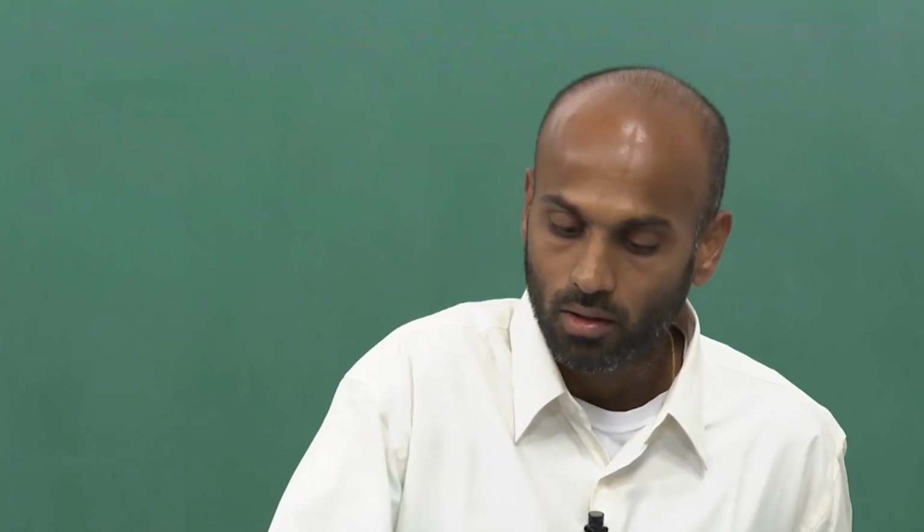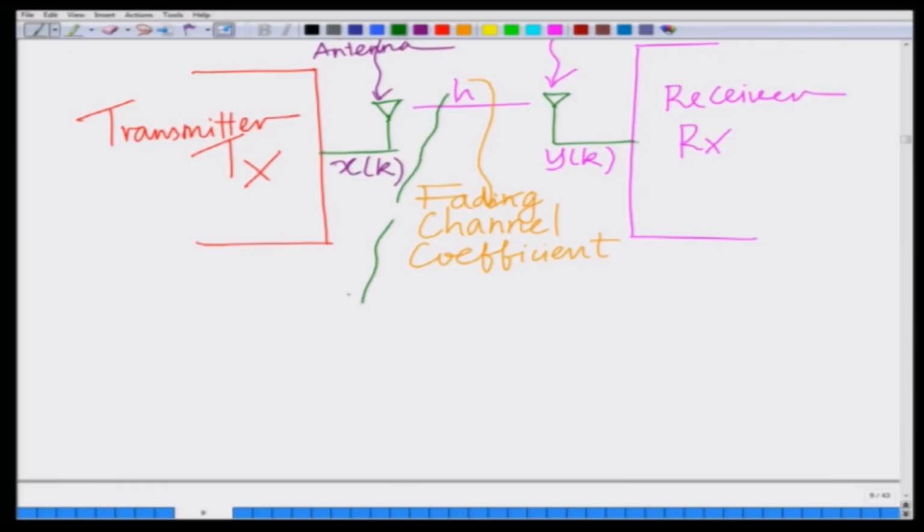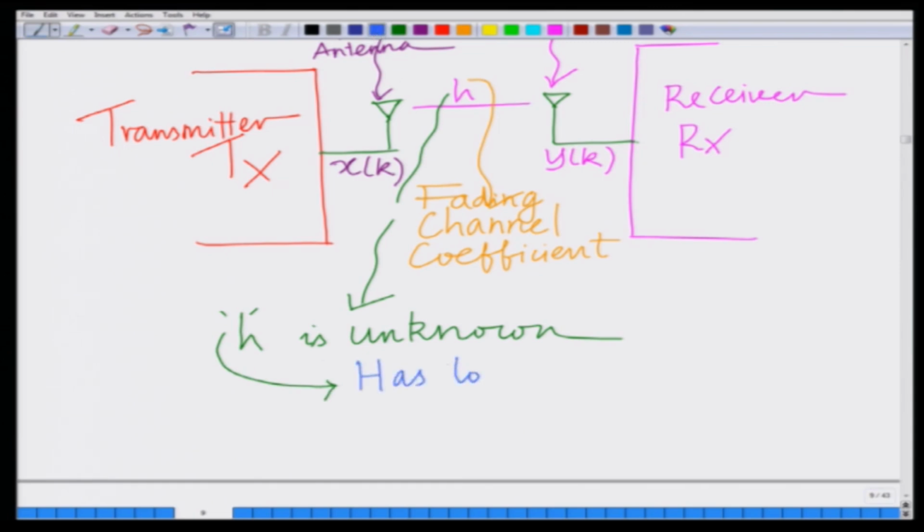So, at the beginning of the communication epoch, the channel coefficient h is unknown. Therefore, h has to be estimated, which is our central focus in this course on estimation. This is an important process in a wireless communication system.